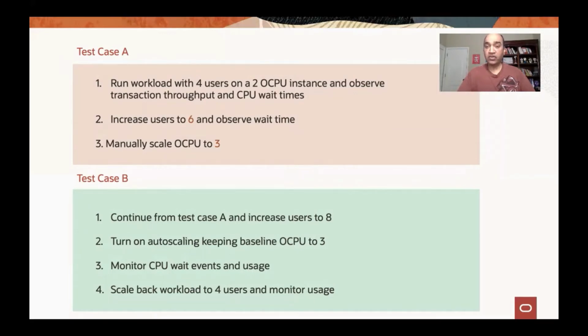Your 4 users, constantly active running transactions, would be serviced by these 2 OCPUs fine. That is the expectation, and we should not see any wait time. So we're going to monitor wait times and transaction throughputs.